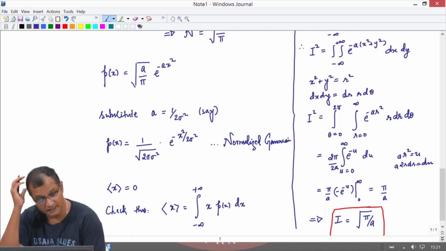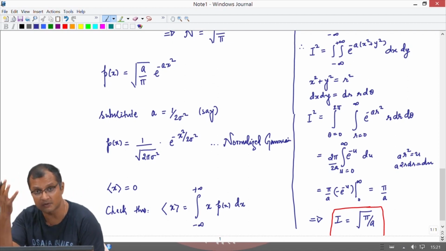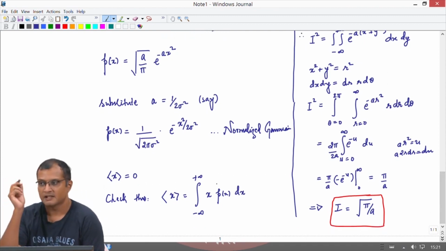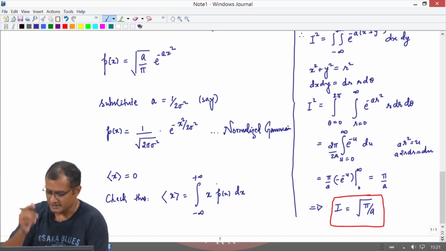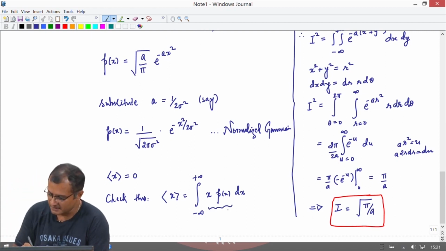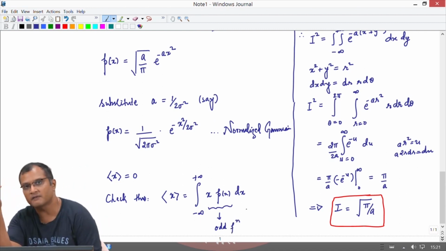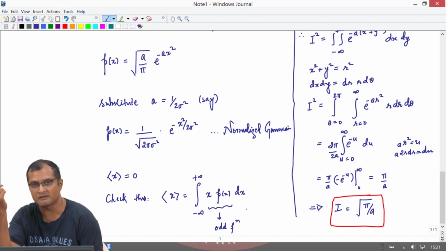Now, I can see that p of x is a Gaussian distribution which is an even function. Now, if an even function is multiplied by an odd function, which is x, it becomes an odd function itself. So, x times p of x becomes an odd function, and hence the integral of this odd function in the symmetric interval minus infinity to plus infinity is 0.